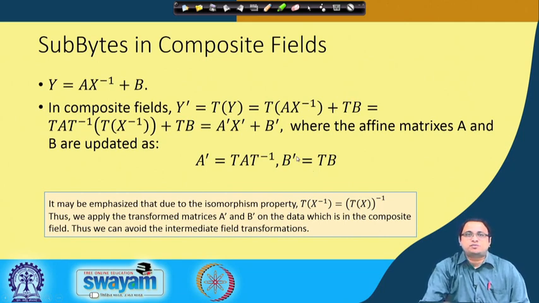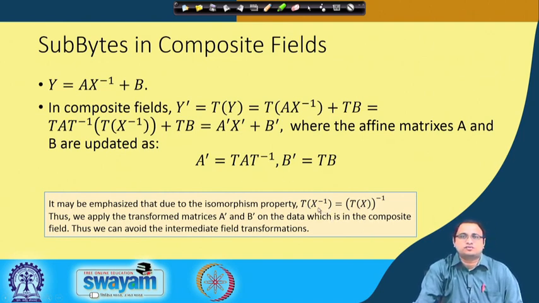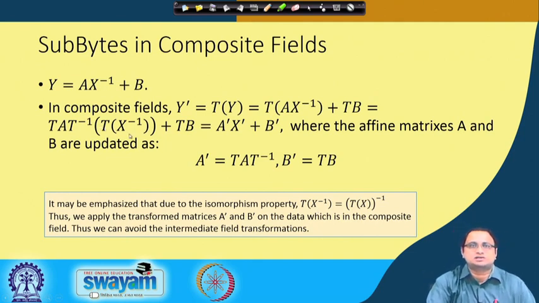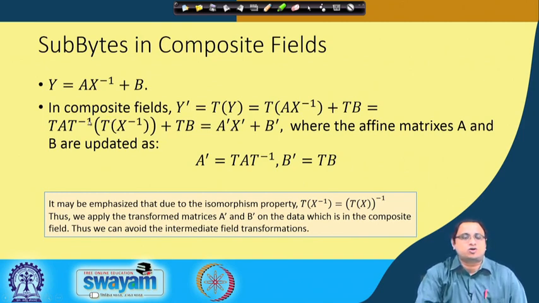An important point which may be emphasized here is that, because of the isomorphism property, what we are doing here is denoting this T x^-1 as x'^-1, as if this is the inverse in the composite field. Note that it is correct. Why?